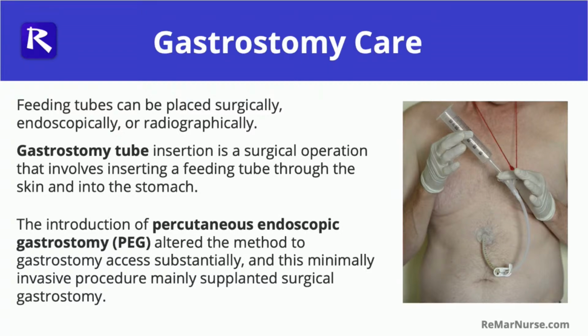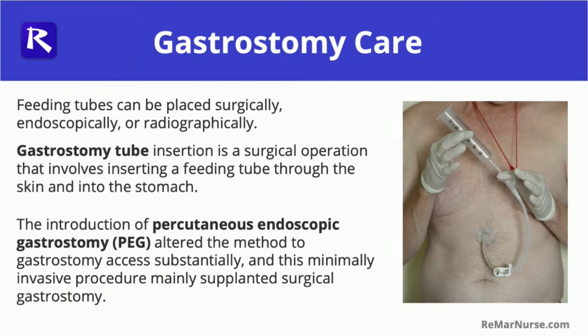But what is the purpose of this tube specifically? It is to feed our patients. They're feeding tubes that go through the skin into the stomach. So that's what a gastrostomy tube is in general. It is a tube that goes through the skin into the stomach.